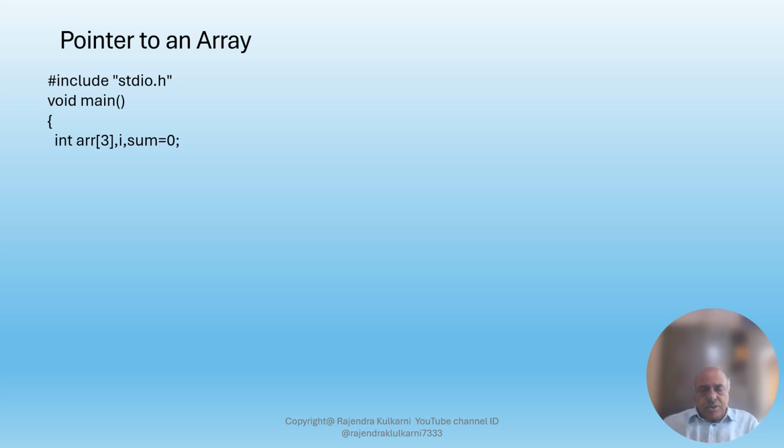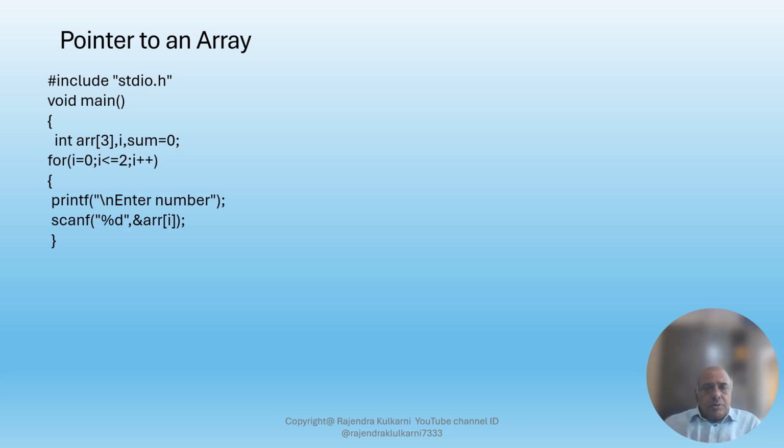An array of int constants, int arr[3], is declared, and we have also declared two variables i and sum. We are asking the user to give the data which will be assigned to the array arr.